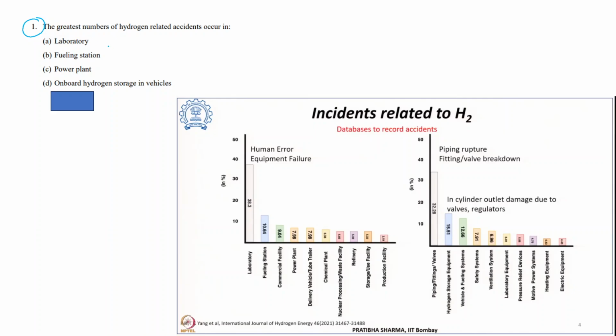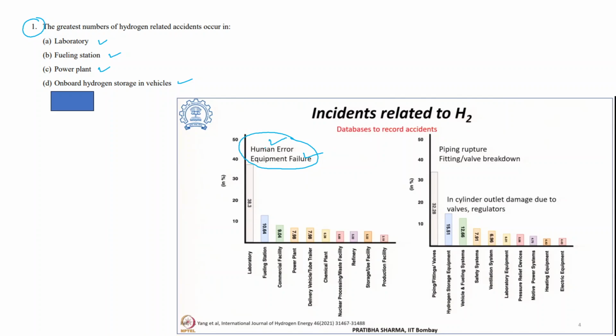The greatest number of hydrogen-related accidents occur inside the laboratory only. Options: fueling stations, laboratory, power plant, and onboard hydrogen storage in vehicles. Okay, this is obviously laboratory, because hydrogen-related incidents occur only due to human error and some cases of equipment failure.